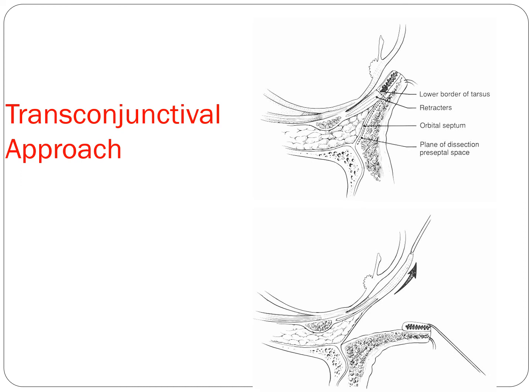This is the transconjunctival approach for the lower lid: retract the lower eyelid and place the incision, and we can identify the floor of the orbit and reconstruct it using the titanium mesh with screws.